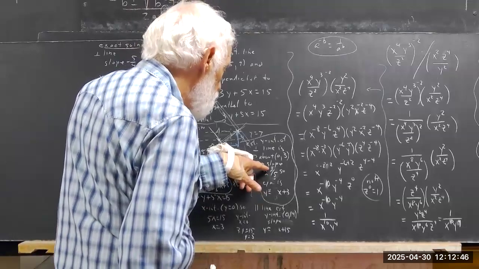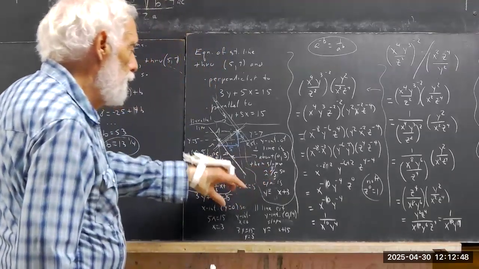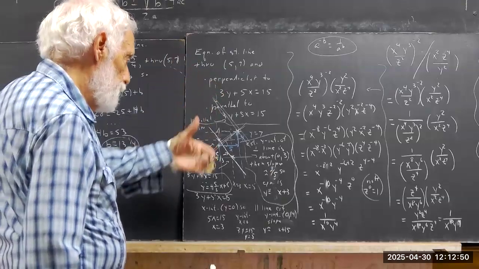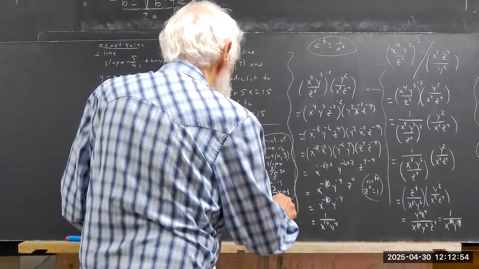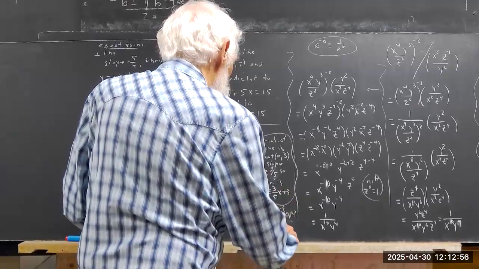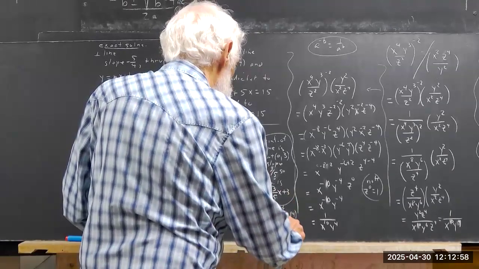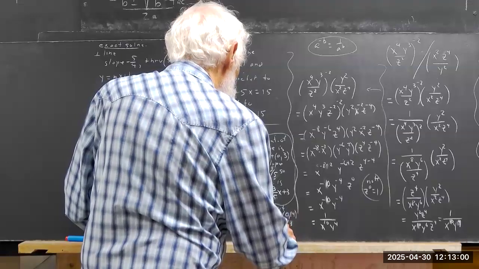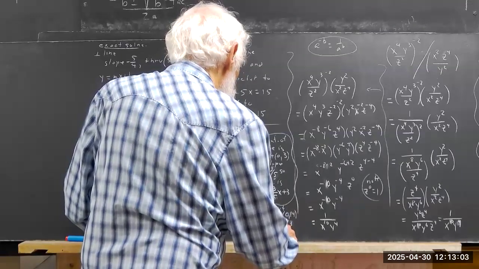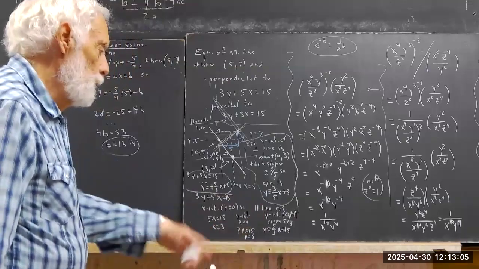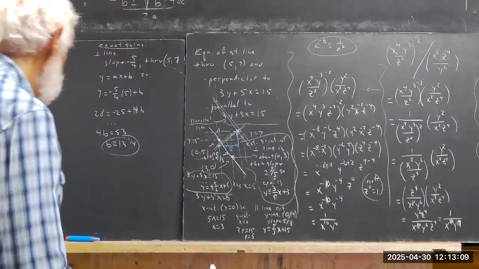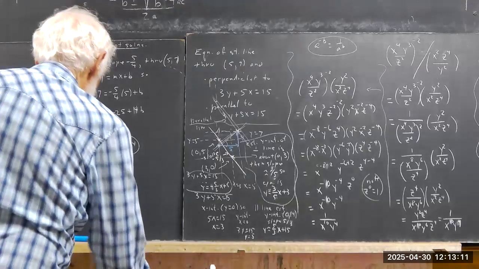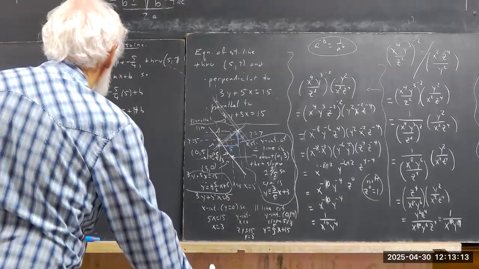So the slope of the perpendicular line is plus 3/5, the negative reciprocal. And this ought to be negative 5/3. The slope of the parallel line is the same as the slope of the original line. So let's redo this.